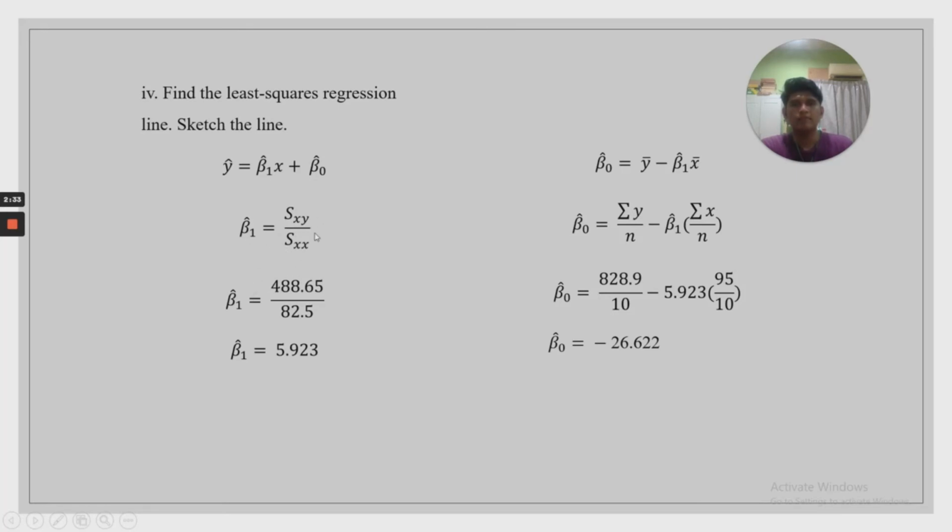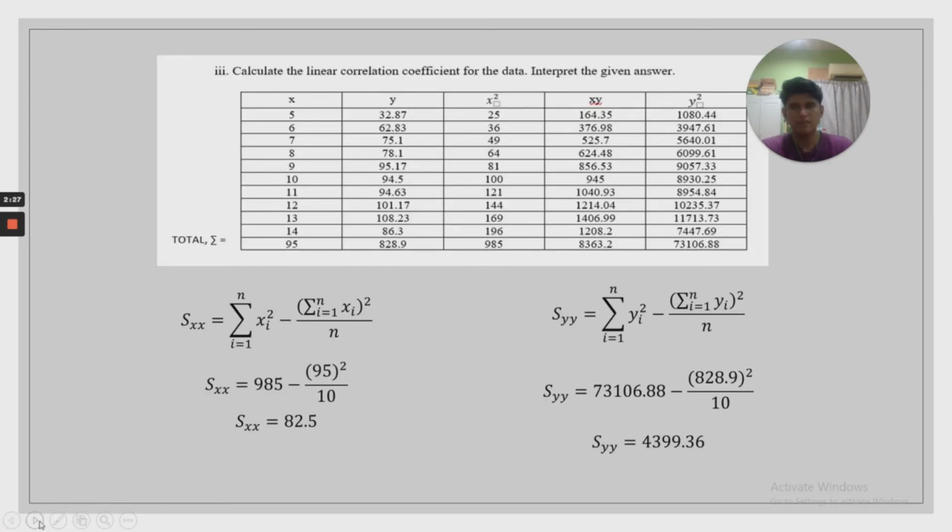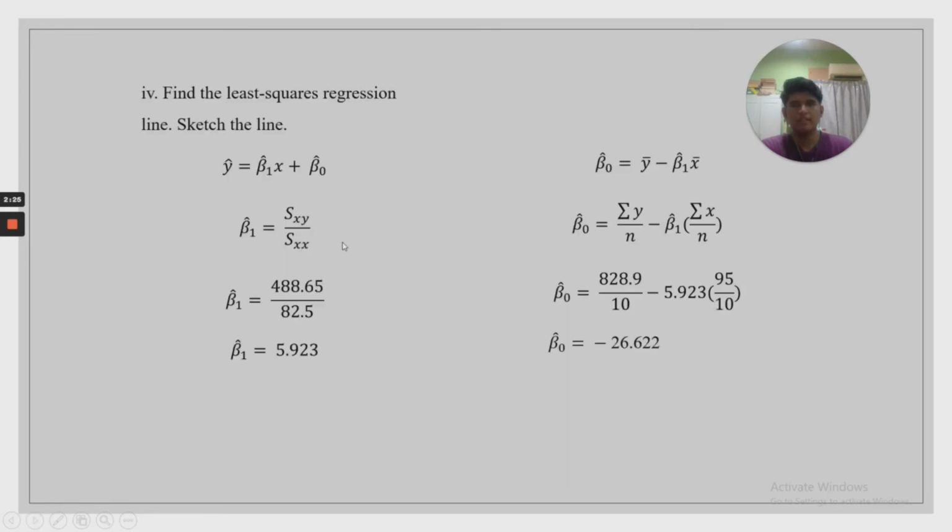You already have the data for Sxy and Sxx from your previous question, so just take it. So beta hat 1 is equal to 488.65 divided by 82.5, which is 5.923.